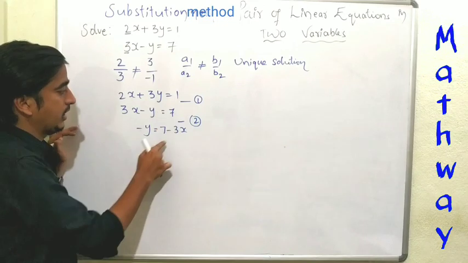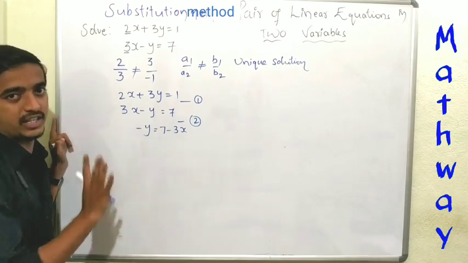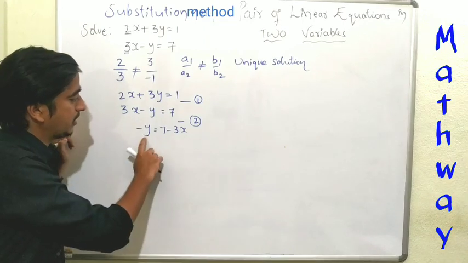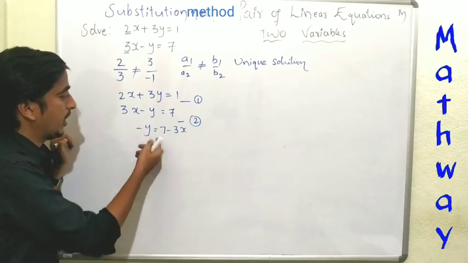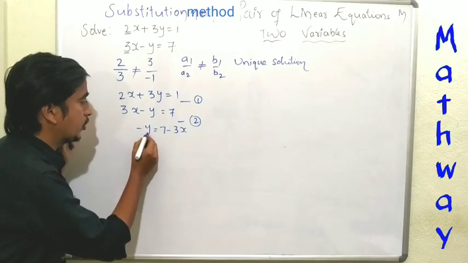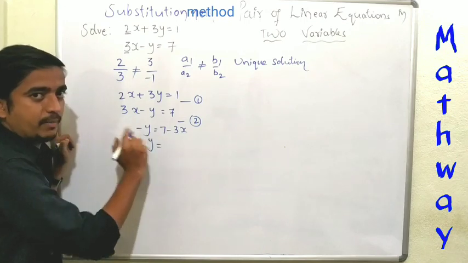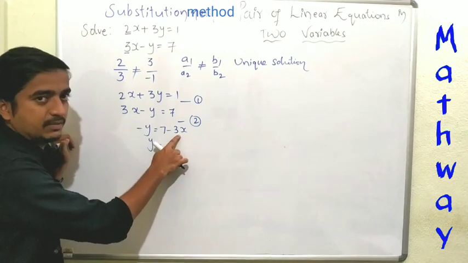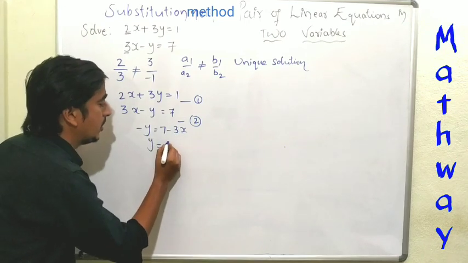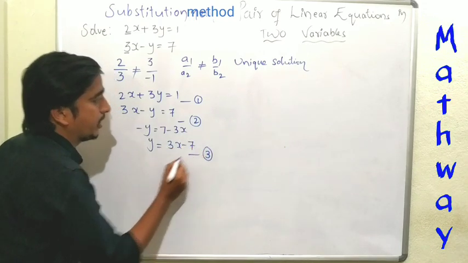I don't want minus for the y term, so we multiply both sides by minus. Minus into minus y is plus y, equal to minus 7 plus 3x. So y equals 3x minus 7. Take it as equation 3.